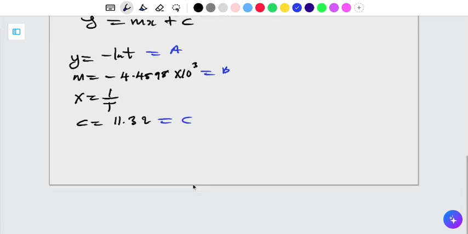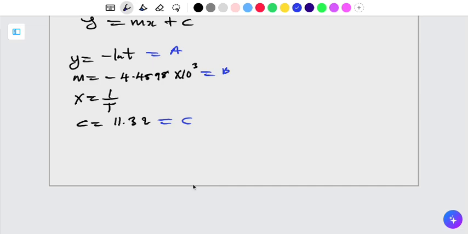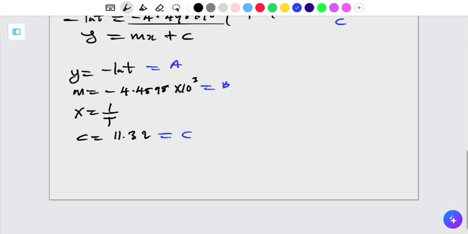Now the gradient is negative. So if I were to draw the slope here, we are plotting the graph here. When you are plotting the graph, you need to plot y against x, isn't it? So this is my xy plane. It's just a rough sketch of the xy plane.